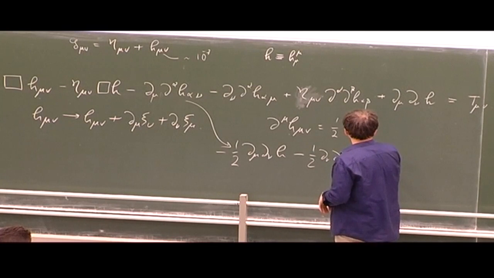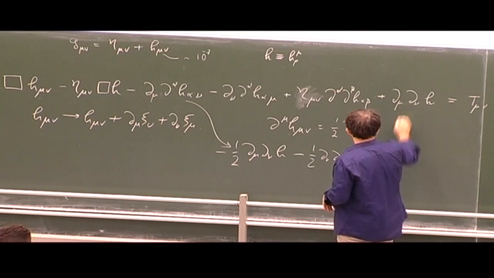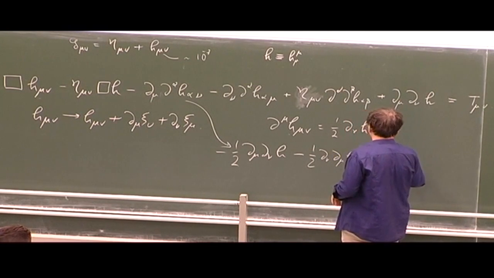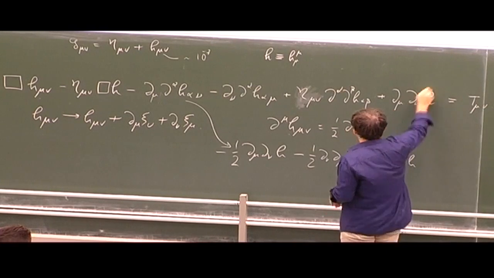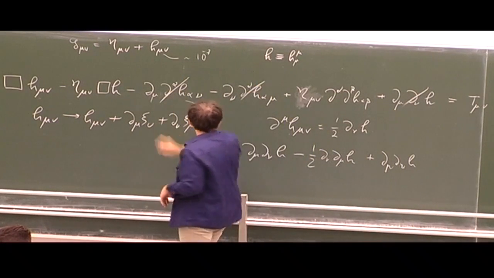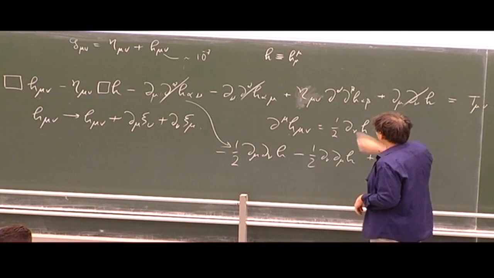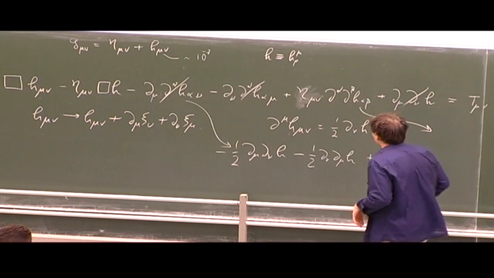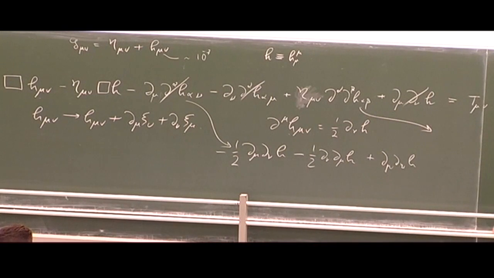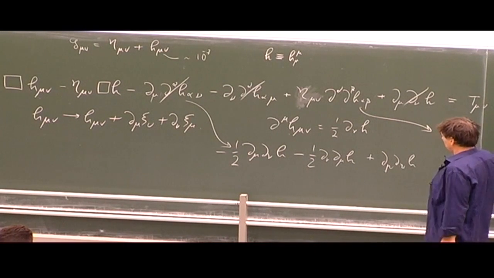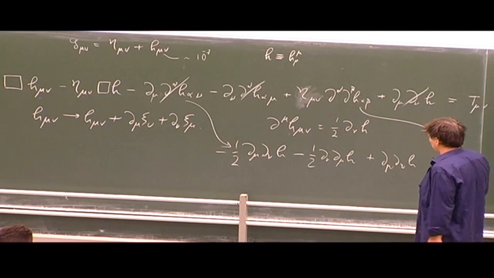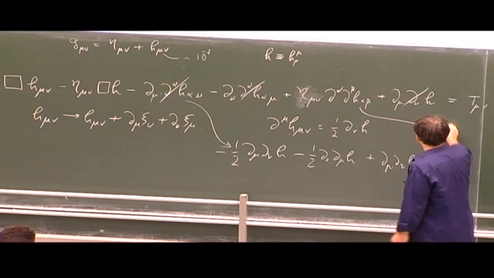This will cancel this, so this thing will get cancelled. And this will get converted into 1/2 of a box.